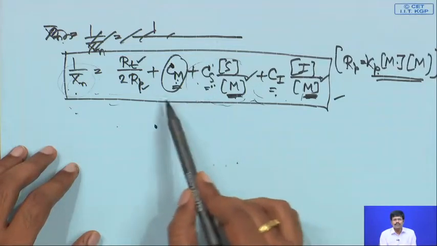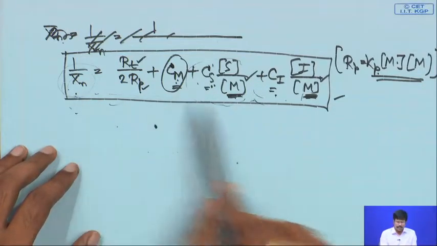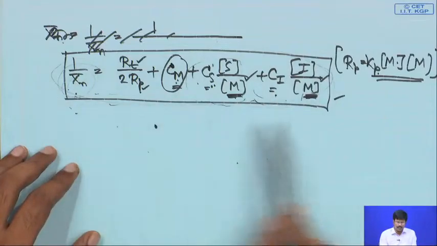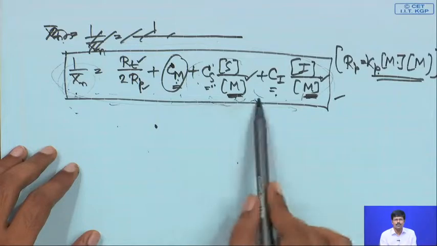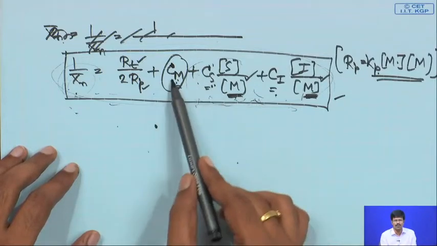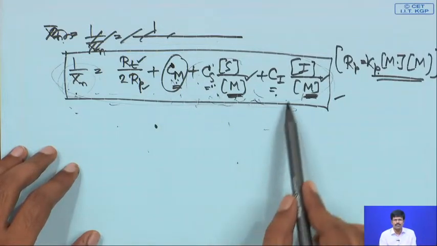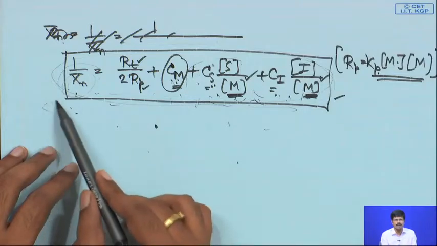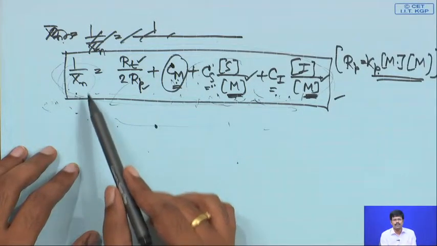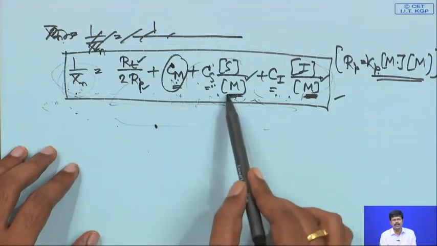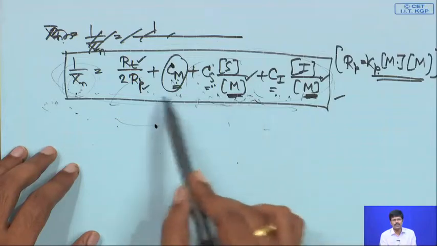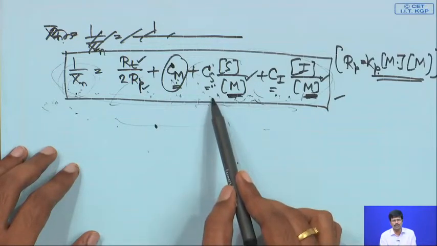However, you can look at it another way. This expression gives you a quantitative estimation of how the contributions of chain transfer to different species, say to the monomer, the solvent or the initiator, affect this x n bar. This gives you an opportunity to control the x n bar. If you want a specific x n bar, you can analyze the effects of chain transfer to monomer and chain transfer to solvent.